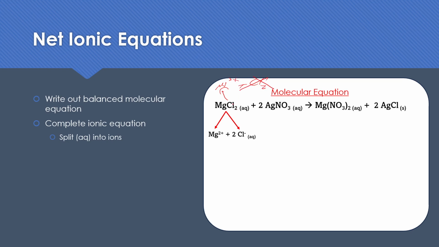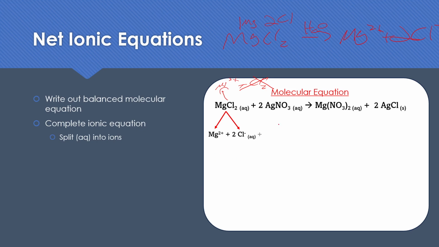This is 2 chloride ions. You put magnesium chloride in water, and you get 1 magnesium 2 plus and 2 chlorides, Cl minus. You don't get a Cl2. It's 1 magnesium and 2 chlorines, so that splits into its ions.